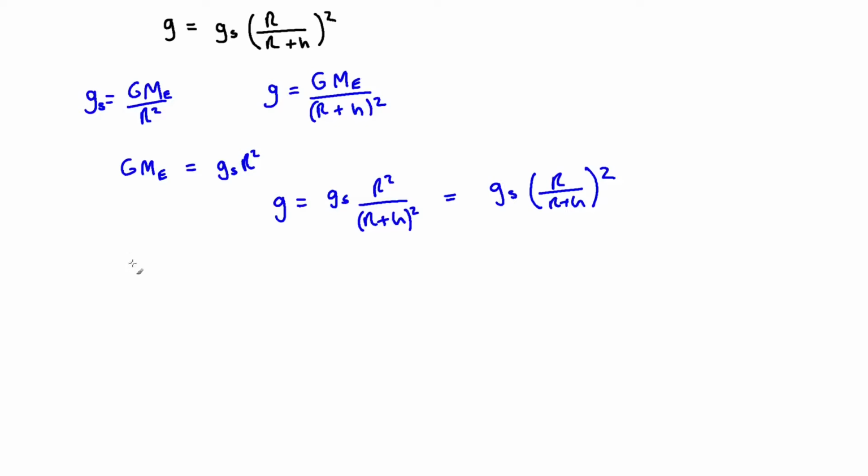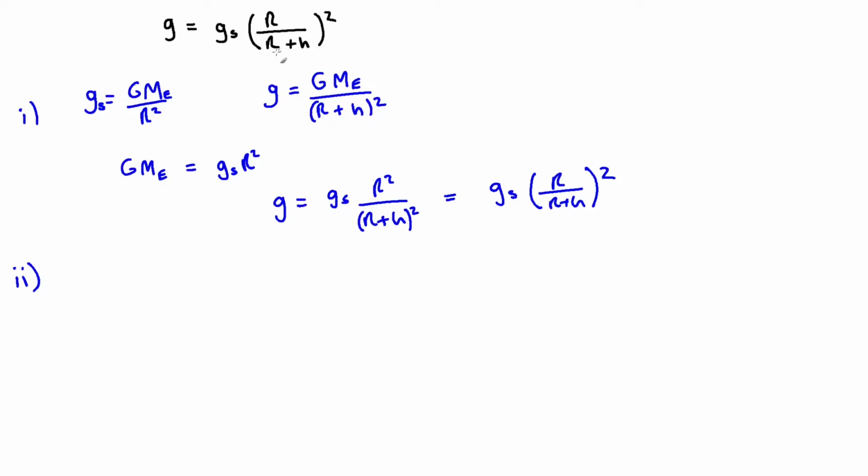Then calculate the gravitational field strength at a height 200 kilometers above the surface of the Earth. So that was part 1. Part 2. Well, what we could do, we could look up the mass of the Earth, the radius of the Earth, and big G in our data book, and then put h in as 200 times 10 to the 3 meters and work it out using that formula.